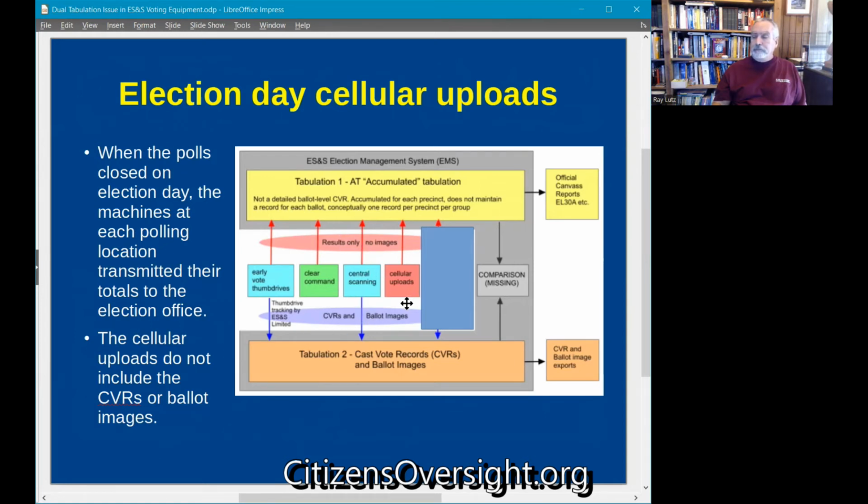Now, we have cellular uploads where each machine loads its accumulated totals by cell modem to the central office. They do not transmit the cast vote records or ballot images. The cast vote records aren't that big, so those could actually be sent in, but historically they didn't do that, so they're only sending in the accumulated part.